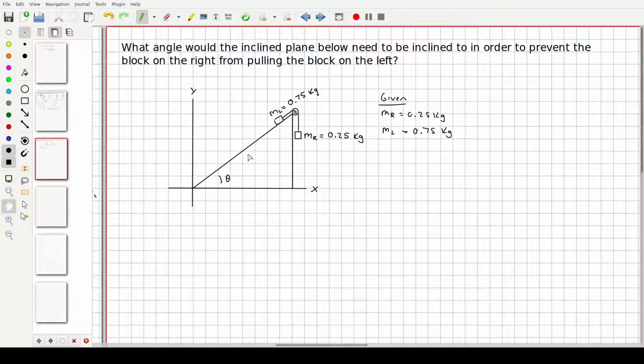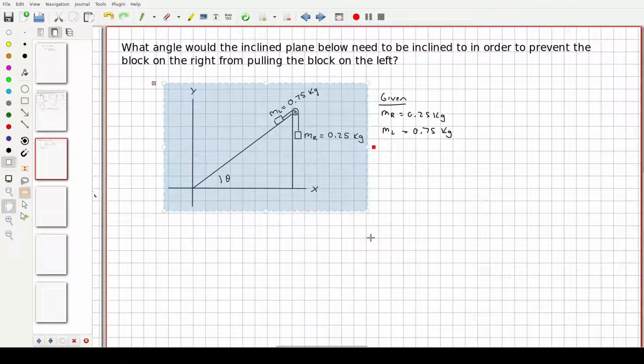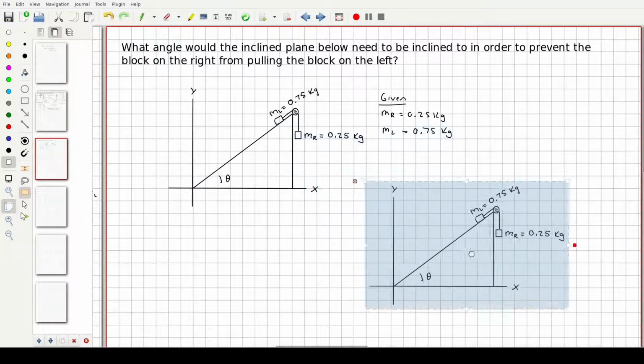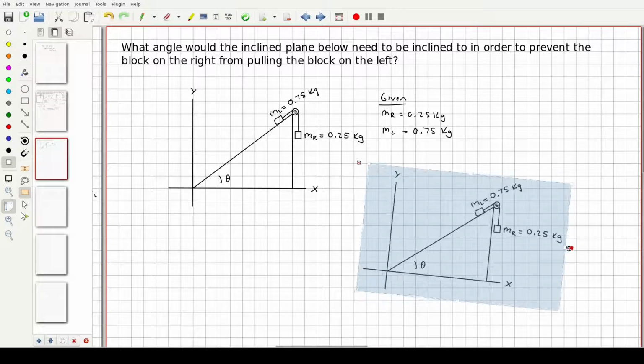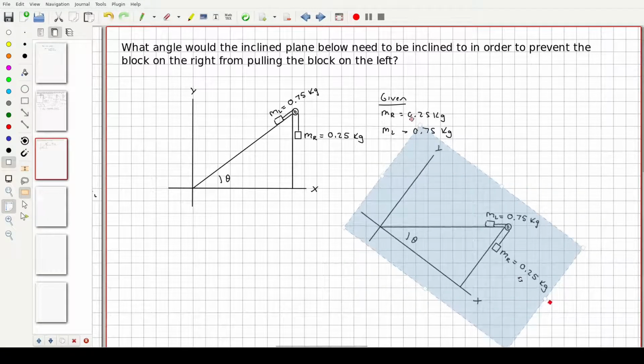We're going to rotate. You remember how this works. Let me sort of cut and paste this thing. So what we're going to do is to rotate this thing so that the plane acts like the x-axis. Okay. Now that's going to affect ML's weight direction, the direction of its force. We're going to have to look at that. But it's not going to really affect MR.